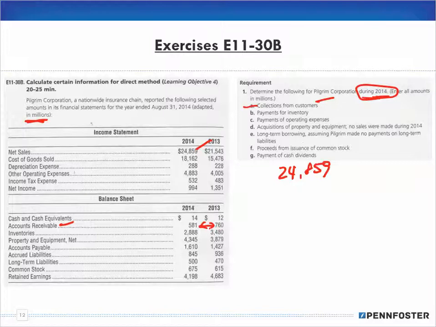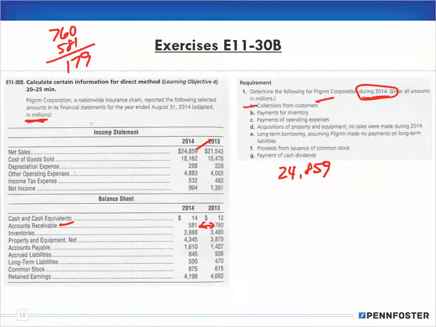So for my change in accounts receivable, I had started out with 760 million, and I ended up with 581 million, which is a difference of 179 million.